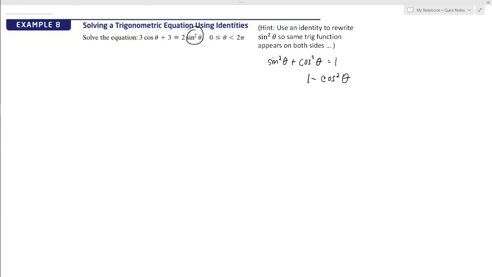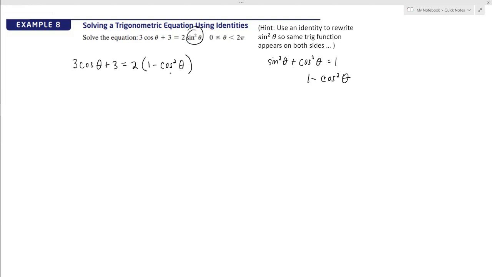If I subtract cosine squared from both sides. So let's do that. And then this would become 3 times the cosine of theta plus 3 equals 2. And we'll rewrite sine squared theta as 1 minus cosine squared theta. So everything's in terms of cosine now.